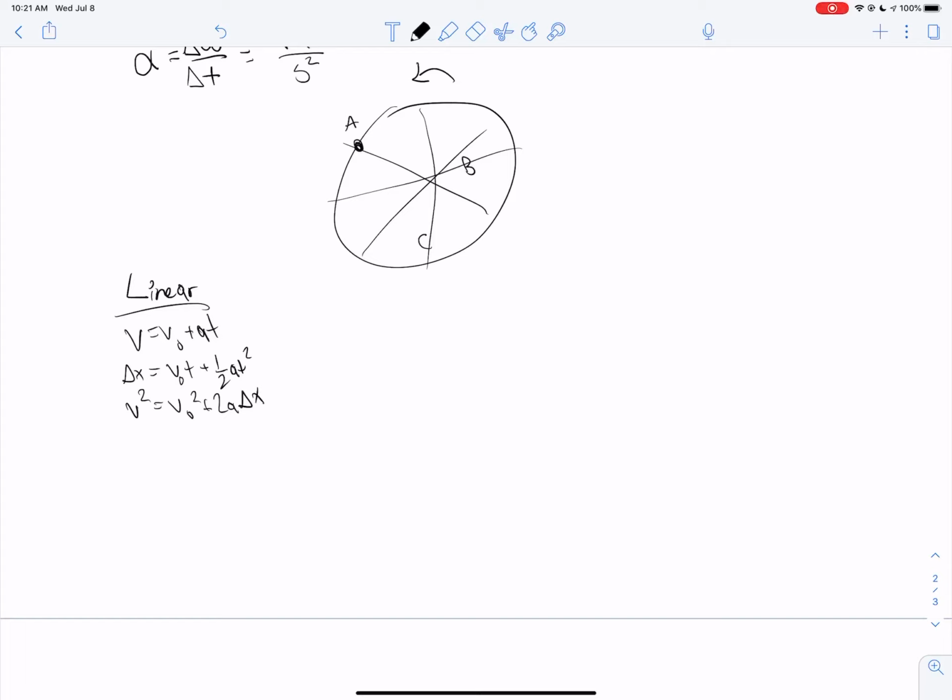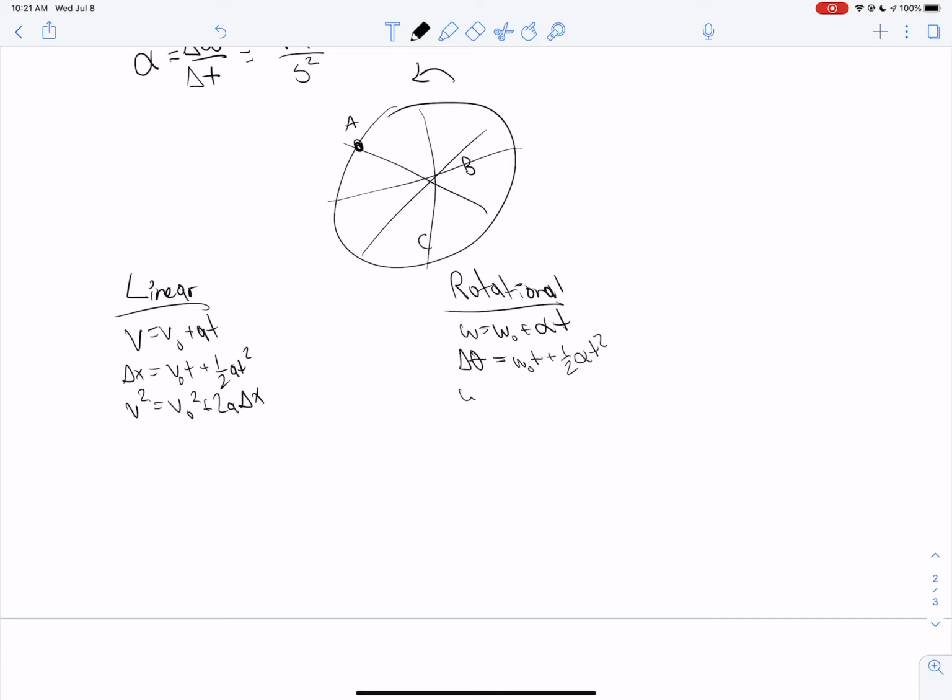In rotational, we're going to have something very similar. Omega is equal to omega initial plus alpha t. Change in theta is equal to omega initial t plus 1/2 alpha t squared.